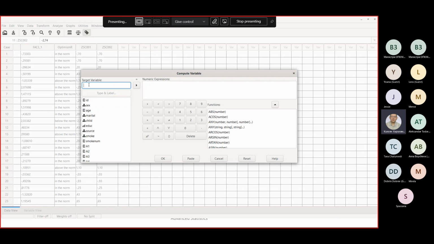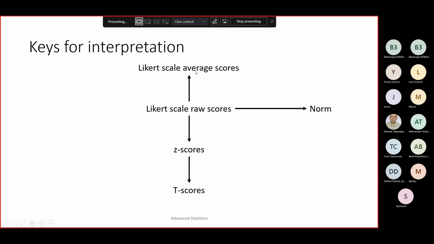And then type new name, for example, T-optimism, T-scores of optimism, and then move Z-scores, because here the direction is from Z-scores to T-scores.